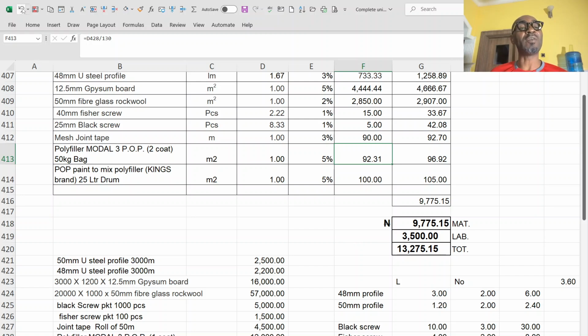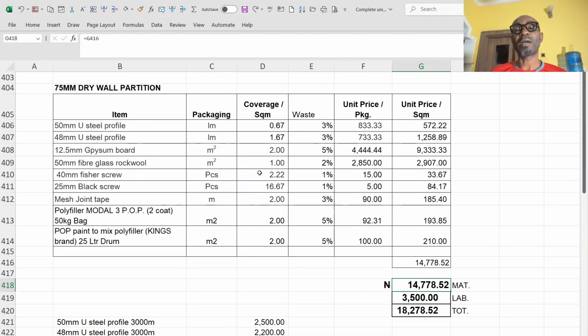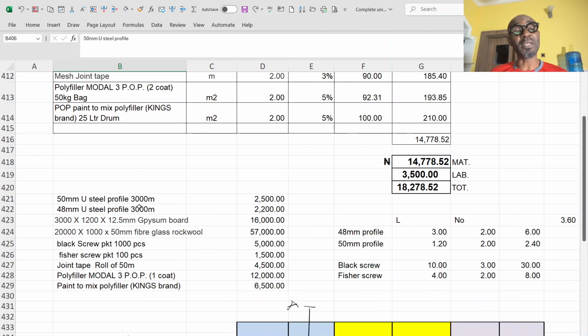While you have 18,278 for a double cladded drywall. Like I said, the description in the bill is what will determine the prices of all the items you have here.